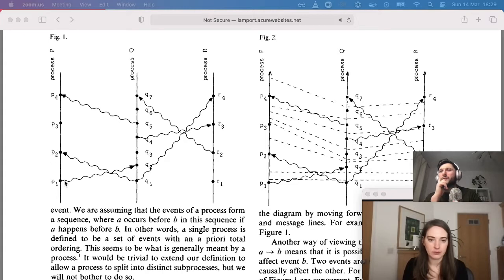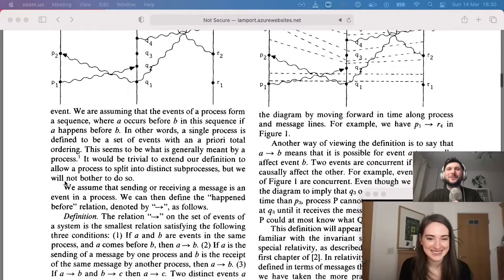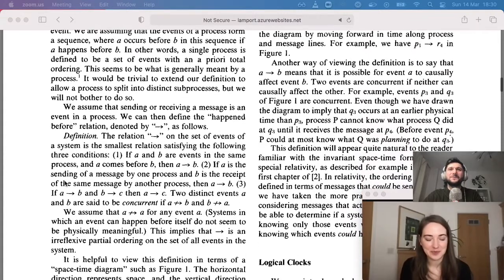What would be a total ordering of the events? For instance, you have a total ordering of events within each process. So P1, P2, P3, P4 are totally ordered because you can have only one event for each process at a time. Got it. Simple. That was it. Boom. Partial ordering and total ordering.